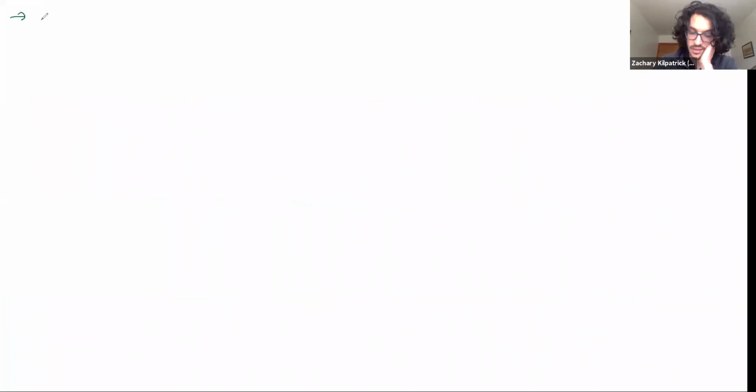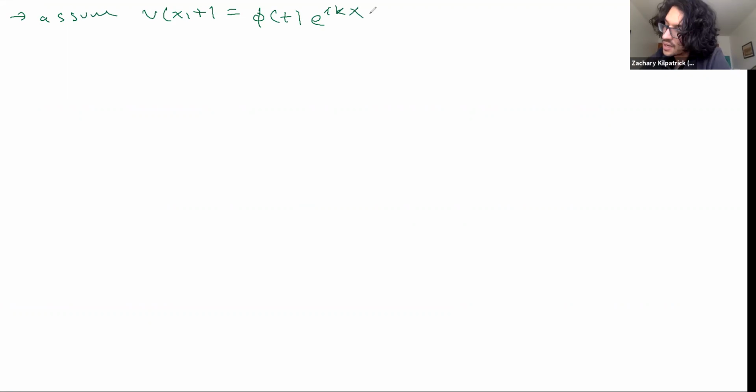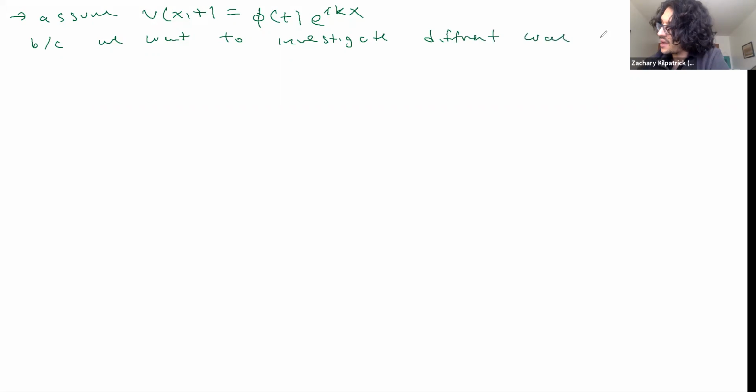And so one thing you can do in this case is assume that v of x, t is of the form phi of t times e to the i k x, basically because we want to investigate different wave modes, okay?